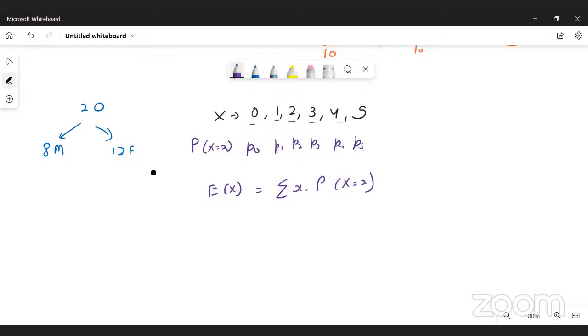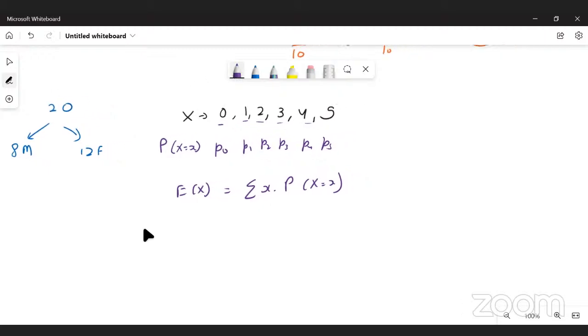Sir, I got 2.96, but the answer is 3. That means my answer is wrong, right? Somewhere a calculation mistake might be there. But that's very minor, right? I think your answer would lie within the range. Even I got 2.996. It's more or less the same.